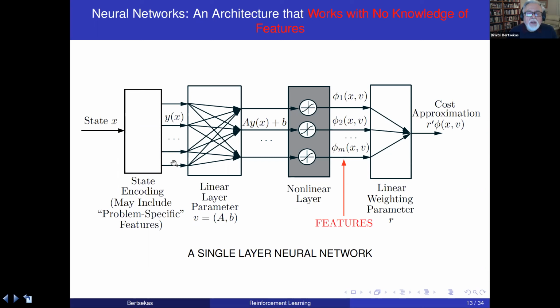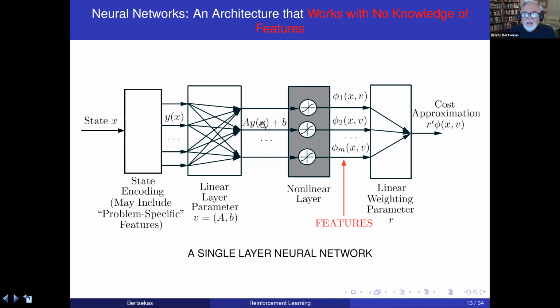We obtain y sub x, and then we pass it through a linear layer. That's a linear layer, which is basically a linear transformation involving a matrix A and a vector B. And these are the parameters of the linear layer. There are quite a few of them, right? Because this matrix potentially has a lot of weights, a lot of components.